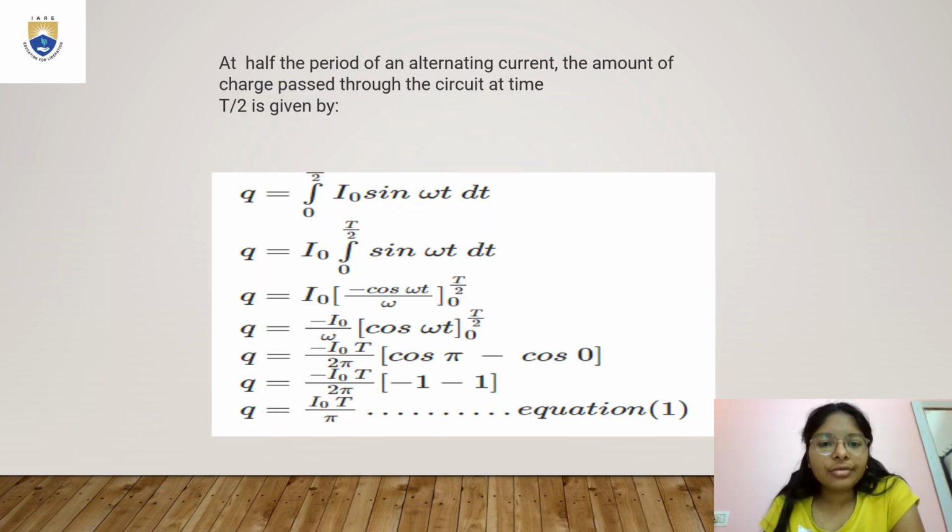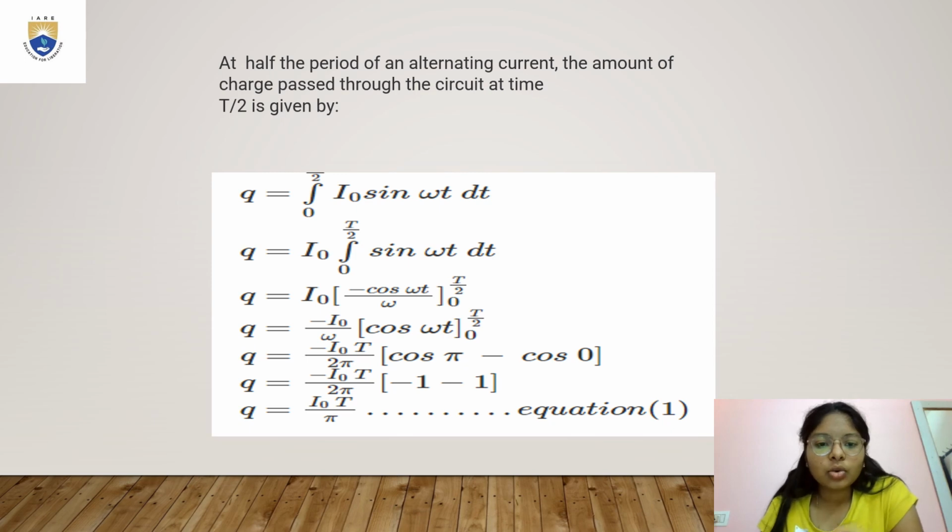And at half the period of an alternating current, the amount of charge passed through the circuit at time T by 2 is given by q equals integral 0 to T by 2 of I naught sine omega t dt, and q is equal to I naught integral 0 to T by 2 sine omega t dt.